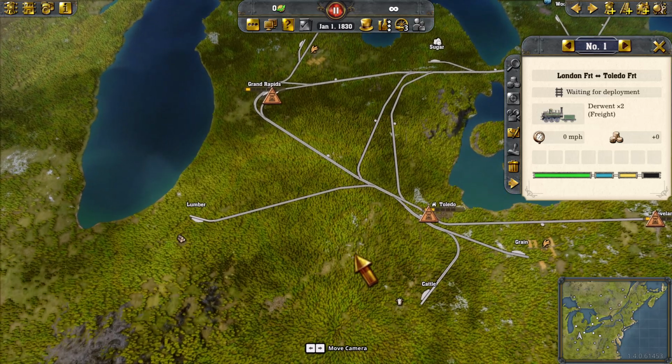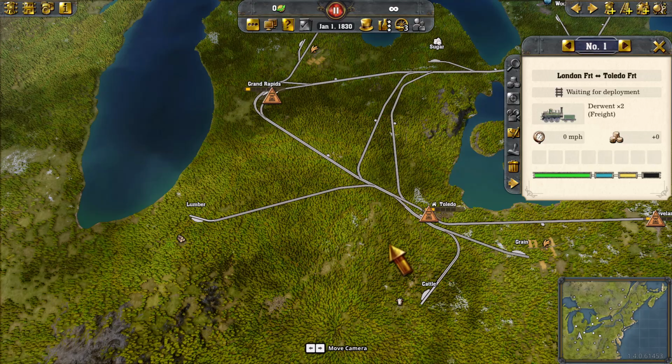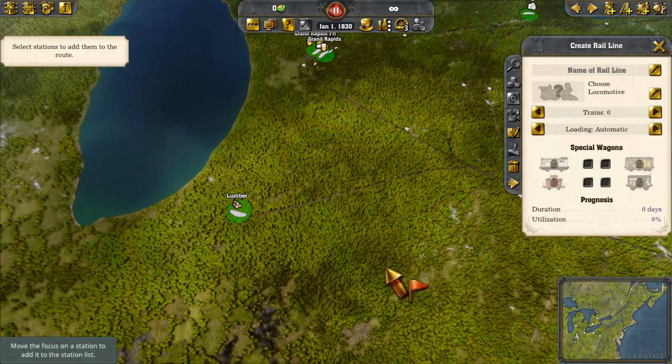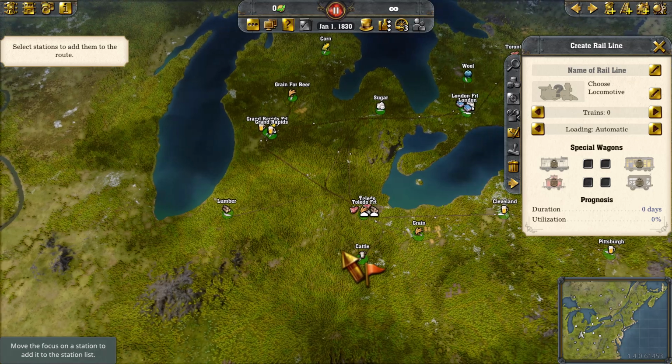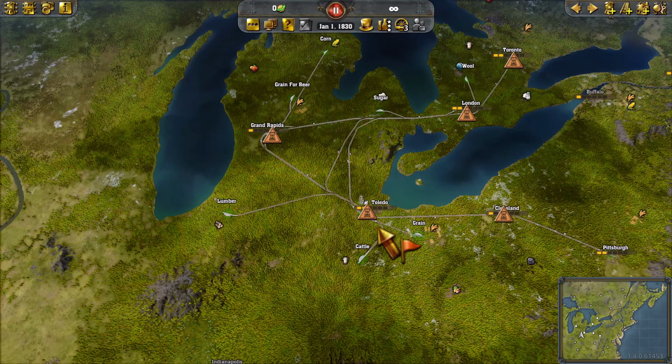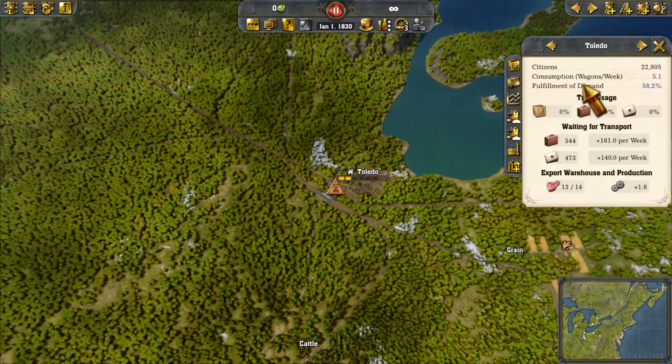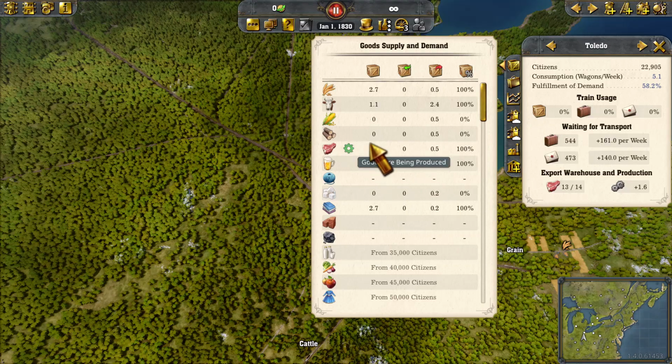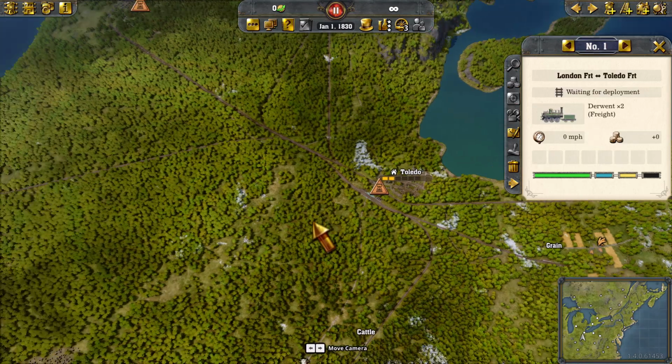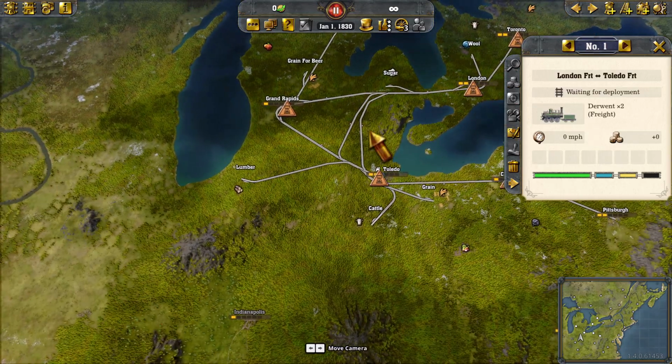Now we need to be able to set up our raw materials coming in. So how would we do that? Well, we would look at that early on and just think of it as a demand of 1 for the whole system, because if we look at these small towns, Toledo's demand for lumber right now is 0.5, right? So technically it'd be like about a 1.5 here.